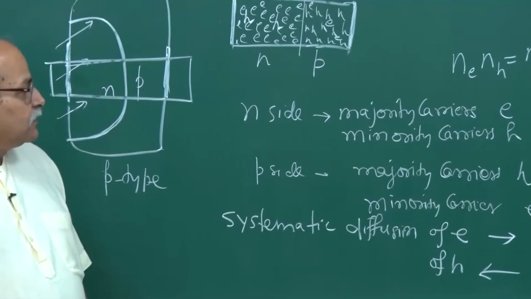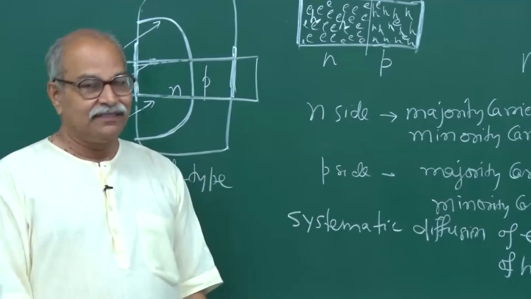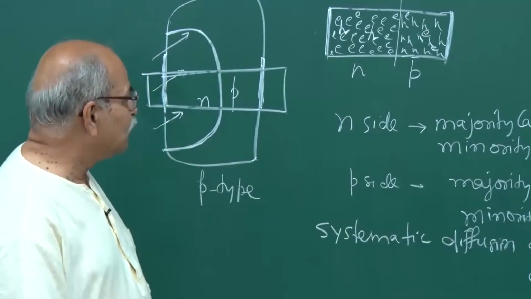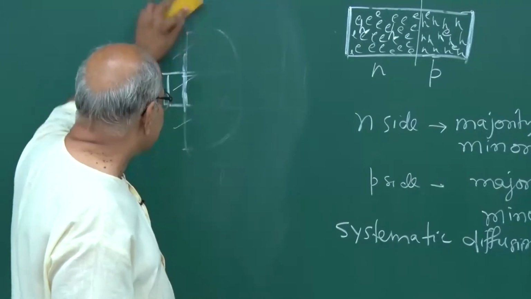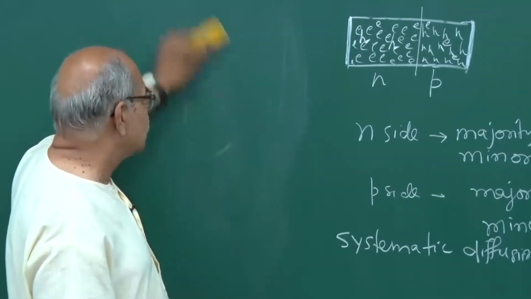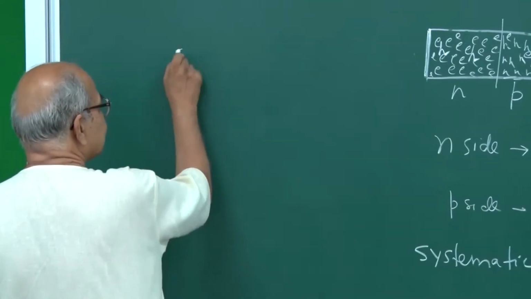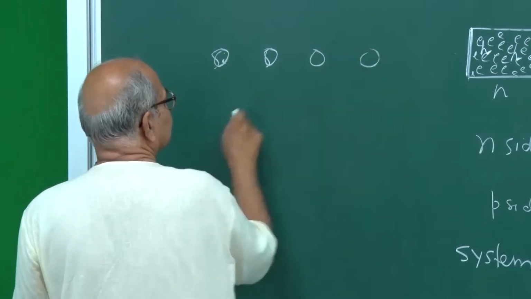And keep track of what is happening in the actual crystal. This is the diagram on which we make our explanation, but if you think of the actual silicon crystal, keep that also in mind, so that the physical connection is not lost. So, you have all those silicon atoms.